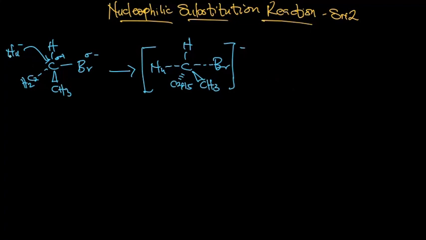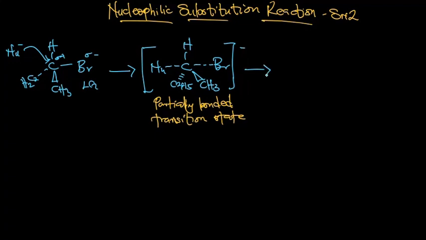So the Nu here is a nucleophile, and then this is a substrate bearing the leaving group, which is Br. So Br there is the leaving group. This is the partially bonded transition state.